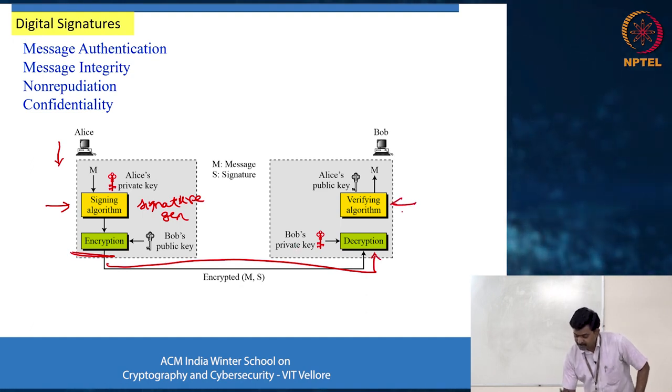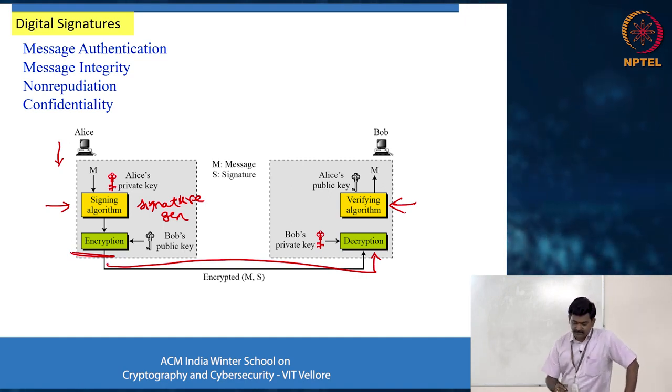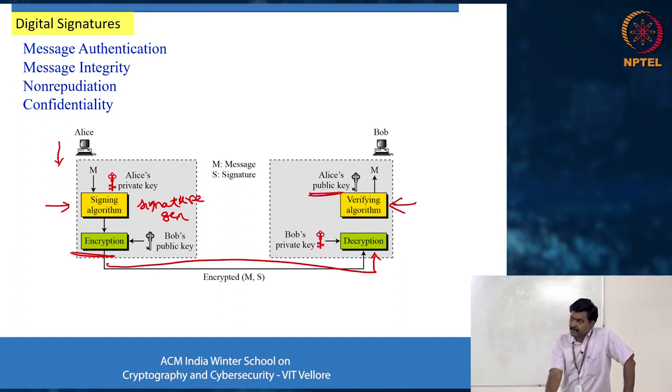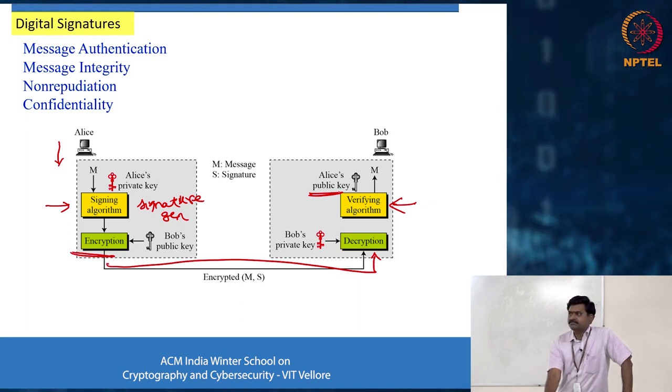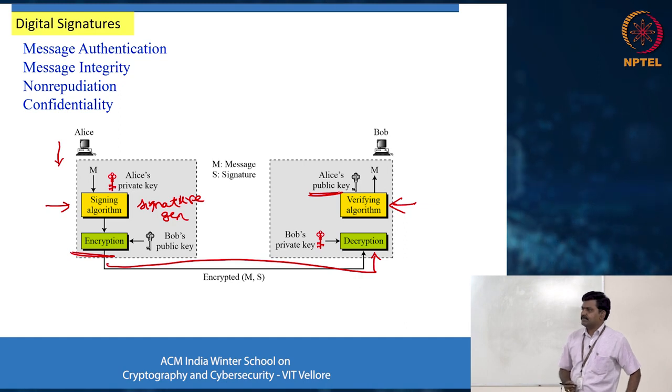Now what is this here? Signature verification. How do you verify the signature? The signature is verified with the help of Alice's public key. Now, how does Bob know the public key of Alice? Using? There are several digital signature algorithms: RSA based, Elgamal based, right?